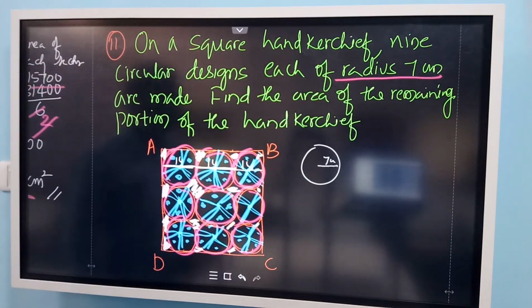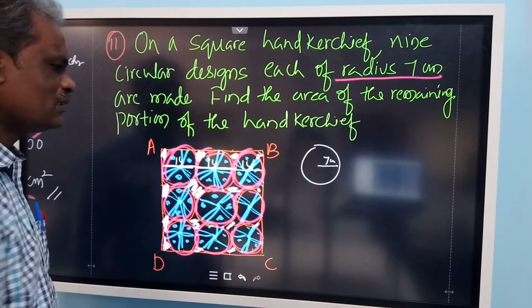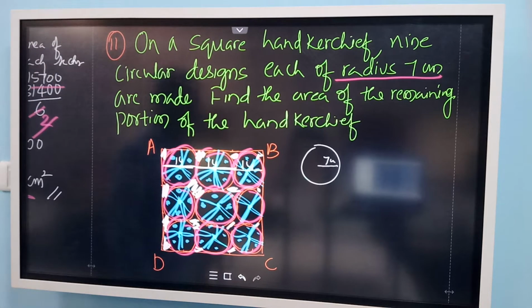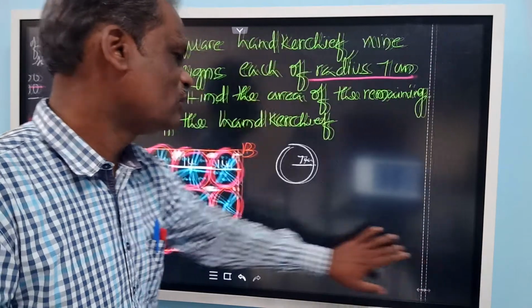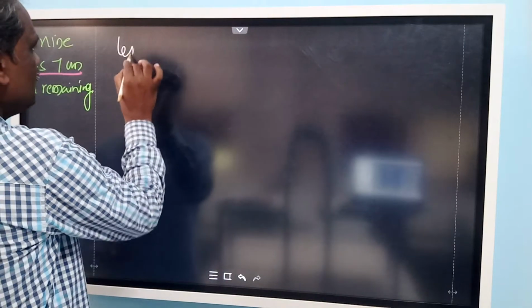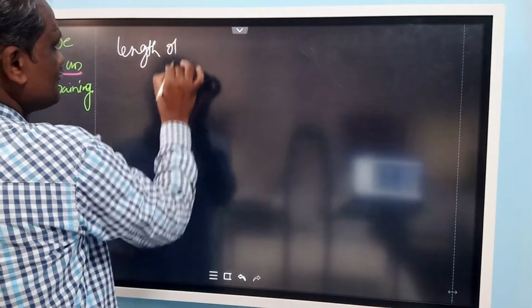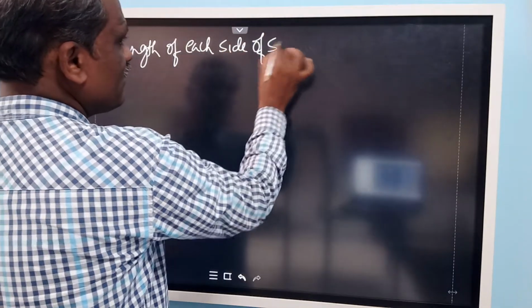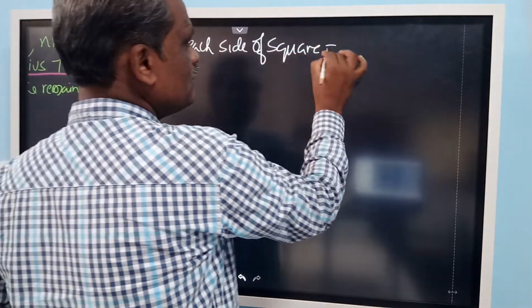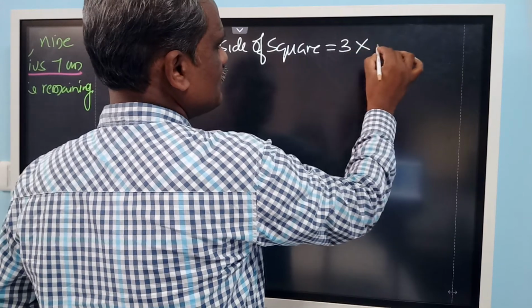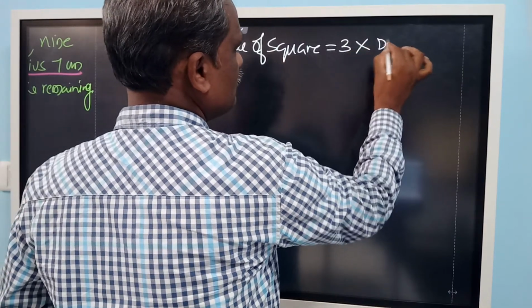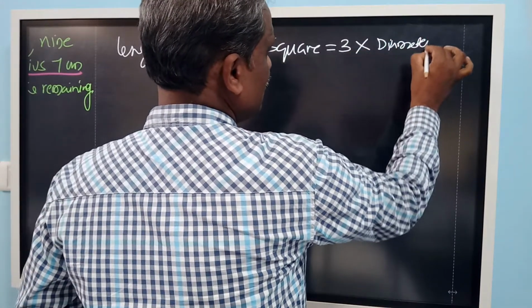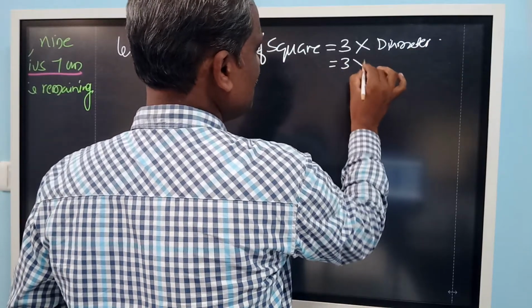So now 3 times 14 gives you the length of the side of a square. So length of each side of square is equal to 3 times diameter. So here 3 times diameter, here 14.